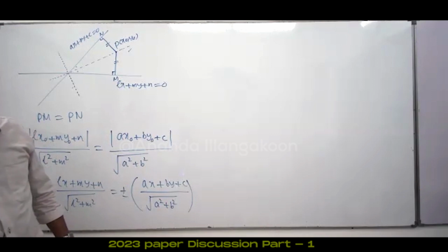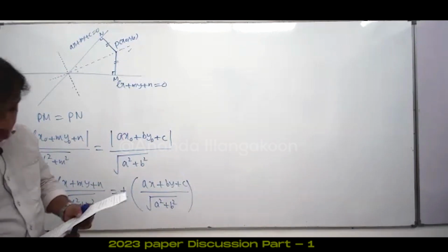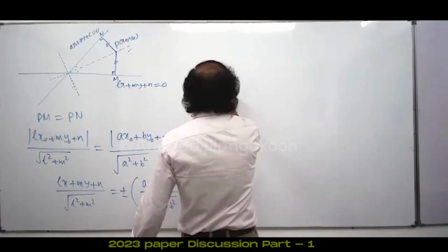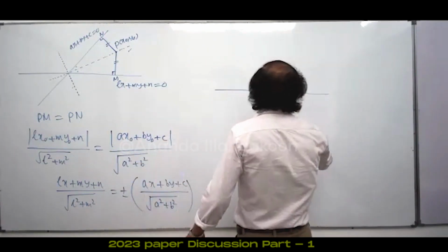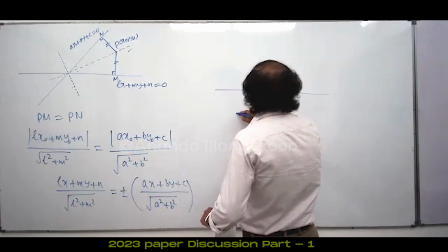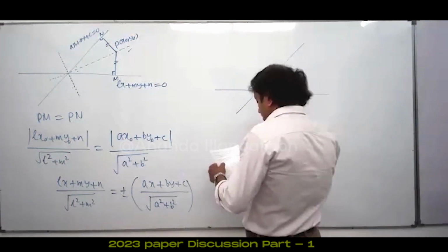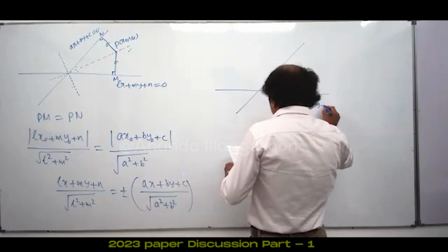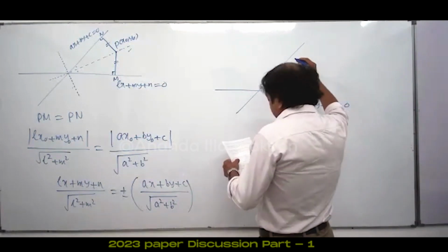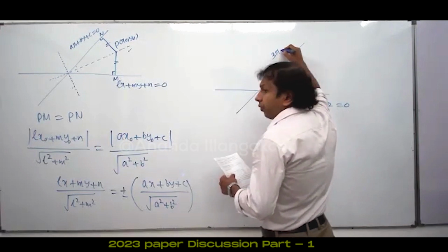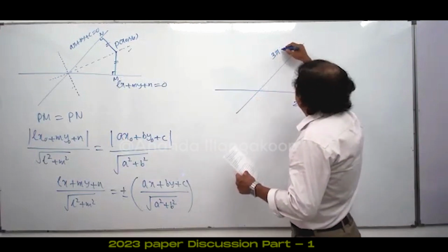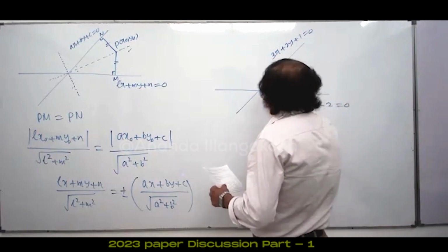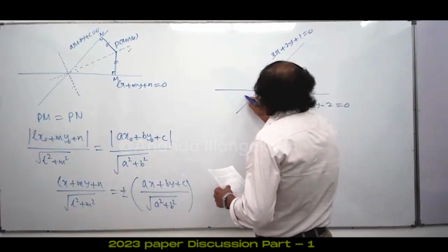The two lines given now, people: 2x plus 3y minus 2. I'll take the two lines like this. One line is this. The other line is this. First line, 2x plus 3y minus 2 equals 0. The other one is 3x plus 2y plus 1 equals 0. Between these two lines, there are two bisectors. One bisector is this.